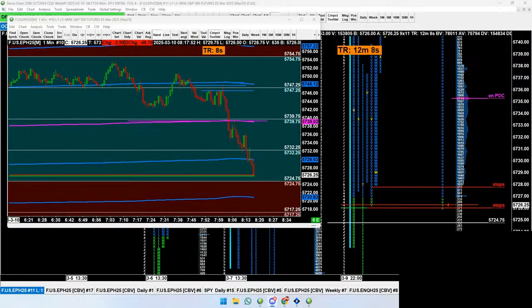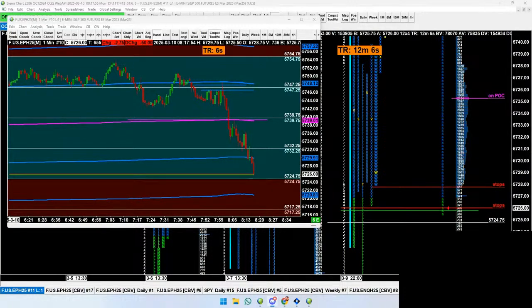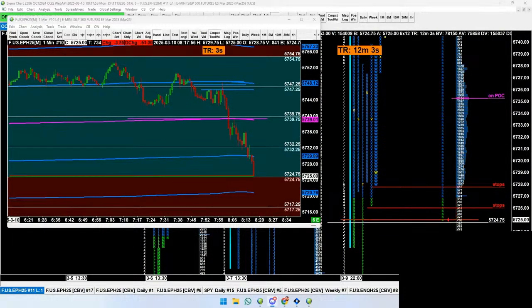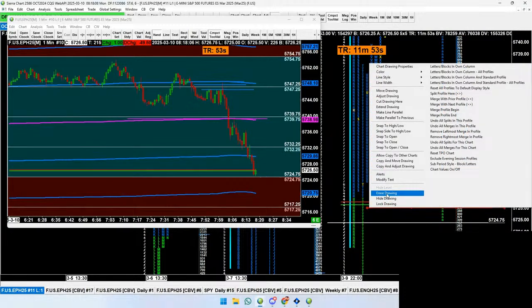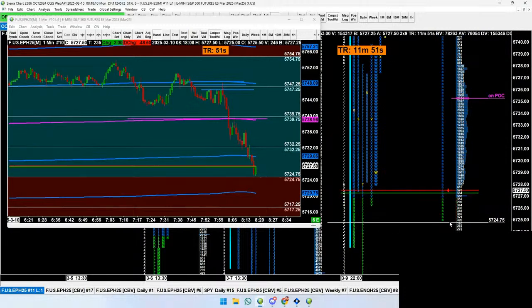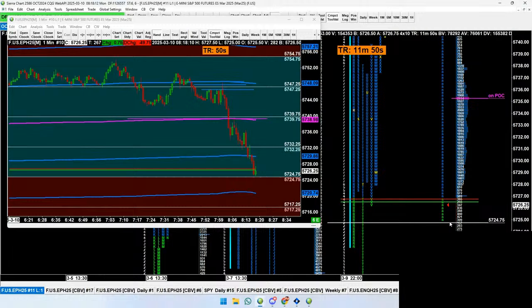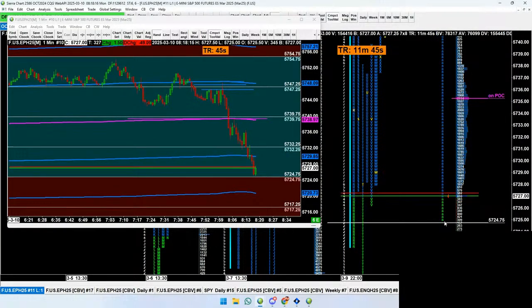Looking for 24 and 3/4. Took out those two lower stops. So if I was short at VWAP or I was short down here, this is where I'd put some bids and cover. Okay. So we got one tick. We went to 25, right?